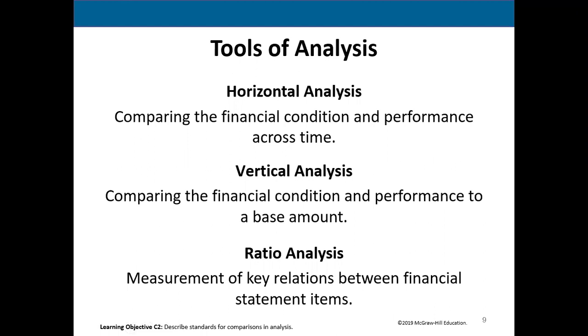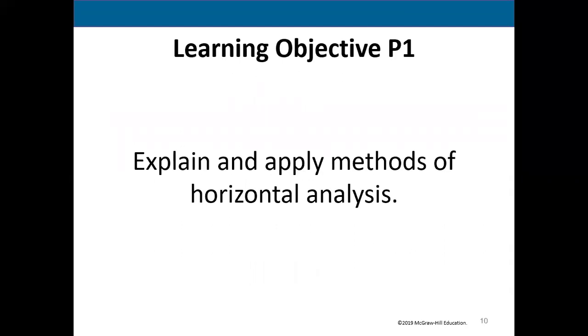So you're comparing financial condition and performance to some base amount. We'll define that. And then finally, ratio analysis, which I love, on page 627. There's a summary there of all the different ratios, and there's about 15 of them. We're going to take a look at them. So these are formula based.